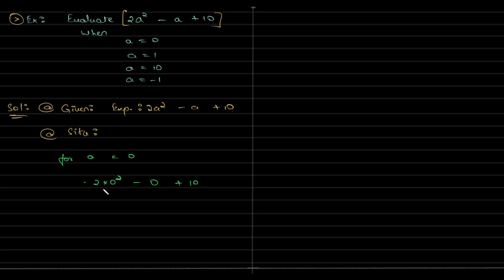By default we know 0 into anything is 0, minus 0, plus 10. So the answer is 10. Make sense? Okay. Next, for a is equal to 1. So in place of all of this, let me do this actually, so that you guys can understand it a bit better.